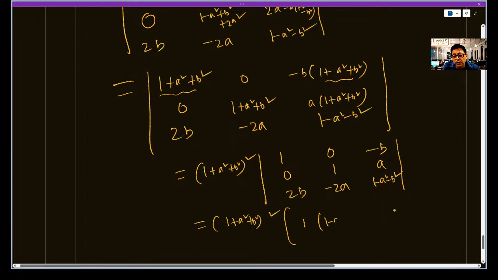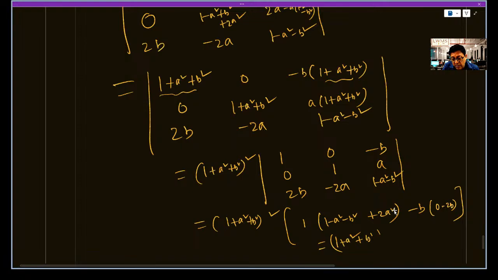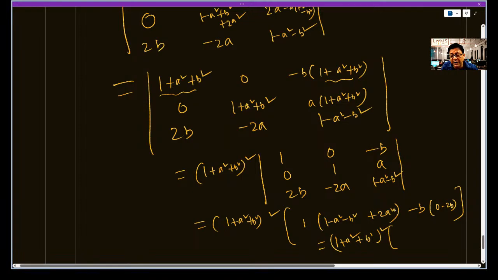It will be 1 into 1 plus a square whole square, and what do you get? 1 plus a square minus b square plus 2b square.